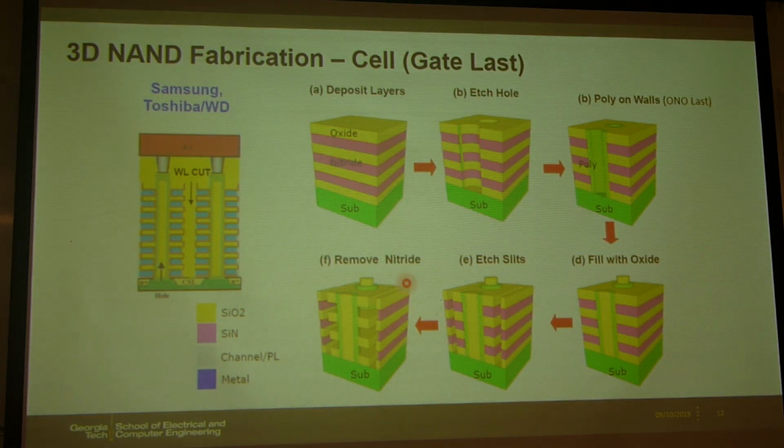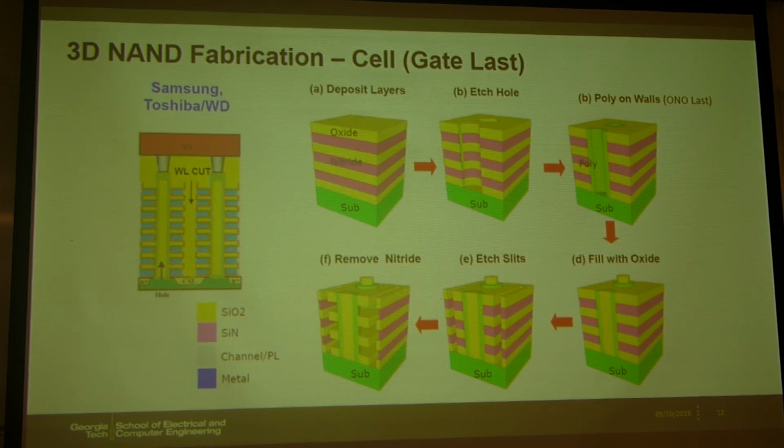Okay, now I will explain how to make the 3D NAND. This fabrication method is called gate-last, and this is used by Samsung and Toshiba. First, nitride and oxide are deposited on the substrate, one by one, like this. So if we make 64 layers, we should deposit 64 times.